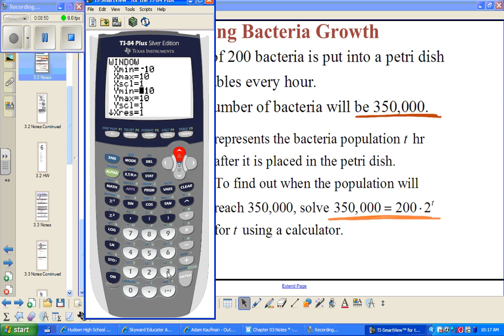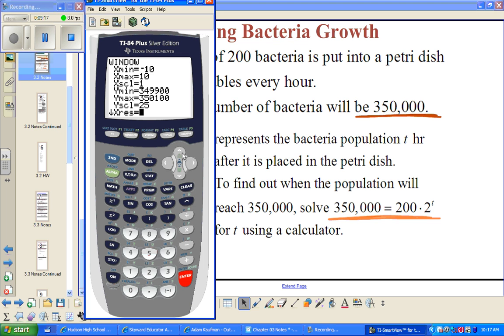So I'll just go 349,900 to 350,100. So I'm surrounding that area there, and we can let that be 25.